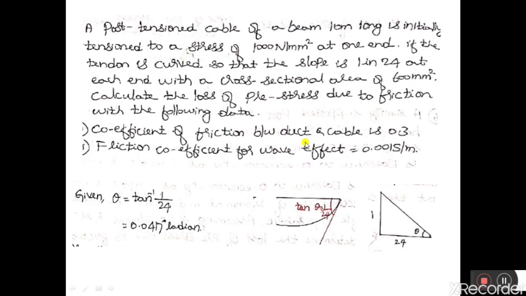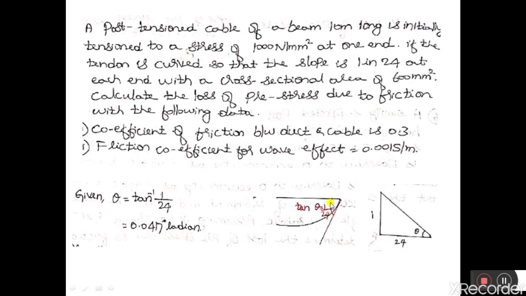A stress of 1000 Newton per mm square is applied only from one end of a cable, and the tendon or cable is having a curved profile, and it is also given that the slope of the cable is 1 in 24.